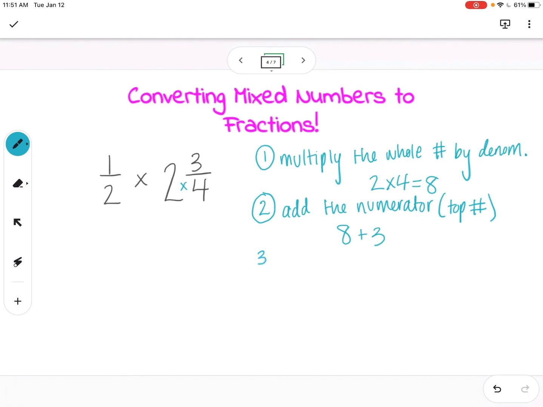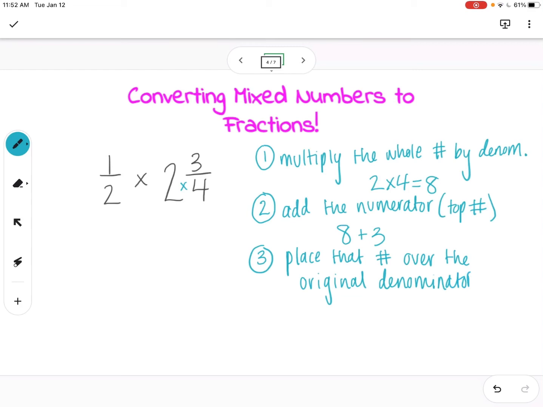And then our final step would be to place that number over the original denominator. And remember, denominator is the bottom. So when we do that math, we know 8 plus 3 is 11. And our final step would put the 11 over our original denominator, which would leave us with 11 over 4.